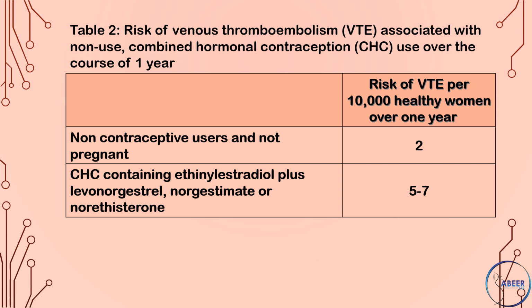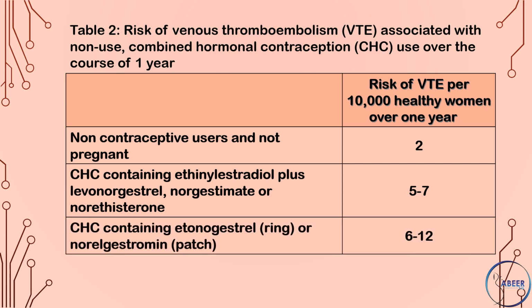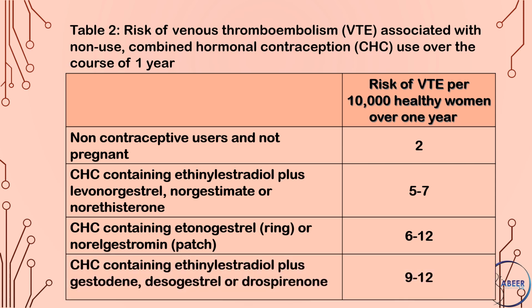Combined hormonal contraception containing ethinyl estradiol plus levonorgestrel, norgestimate, or norethisterone: 5 to 7. Combined hormonal contraception containing etonogestrel, ring, or norelgestromin, patch: 6 to 12. Combined hormonal contraception containing ethinyl estradiol plus gestodene, desogestrel, or drospirenone: 9 to 12.